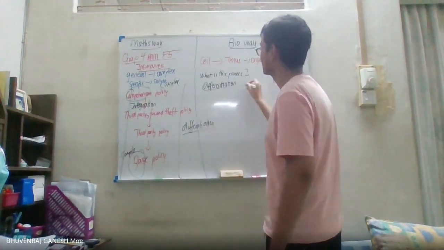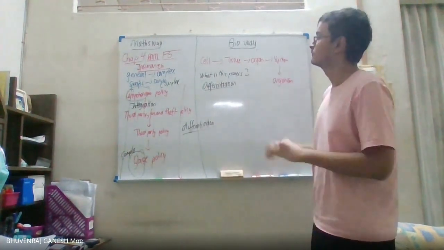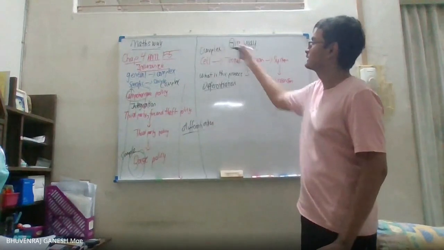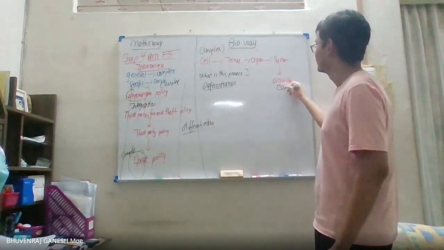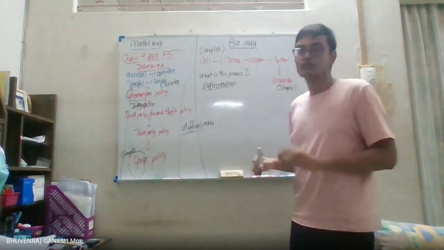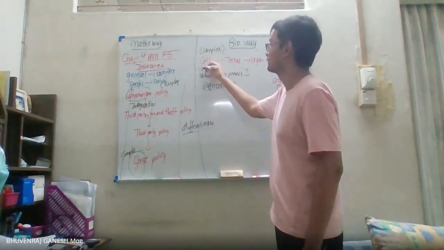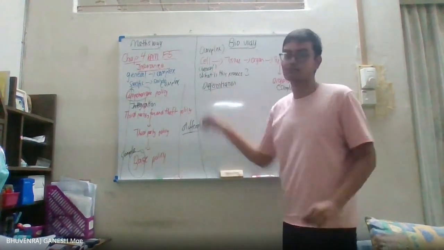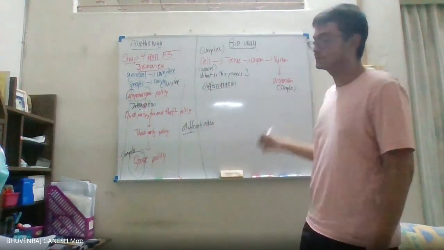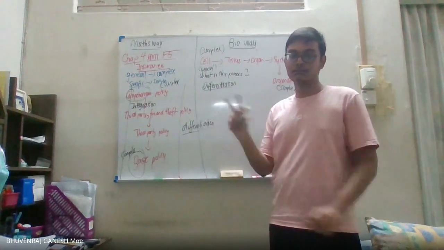Why do we say it's differentiation? Because a cell is something general. We don't know what type of cell it is, let's say epithelial cell or red blood cell. But an organism is a system already, a specific system.